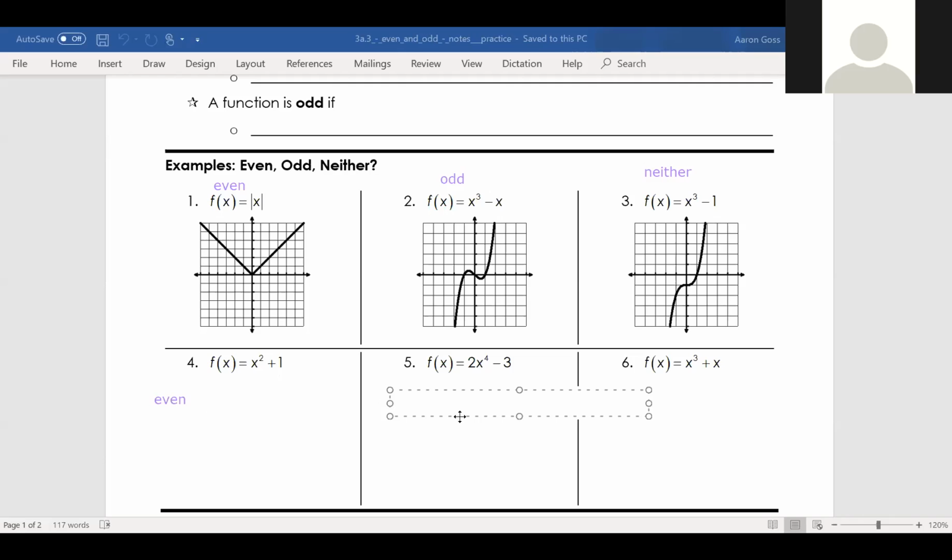Then in the second one, number 5, I got 4. 4 is even, and what do you know about all constants? They're even, so they're both even, which makes the whole thing even.